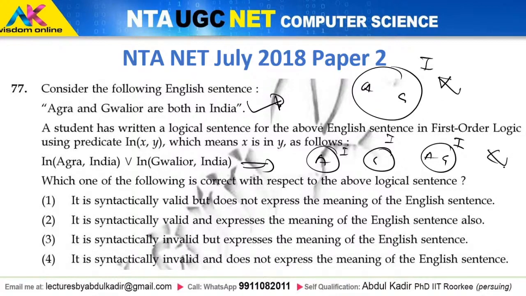First of all they are different, okay, but if this statement is true then automatically this statement is also true, because if both Agra and Gwalior are in India, then you can say Agra is in India, Gwalior is in India, Agra and Gwalior both are in India. So that's why if this is true then this is also true, but both are different, so that's why we can say that it is syntactically valid but does not express the meaning of the English sentence.